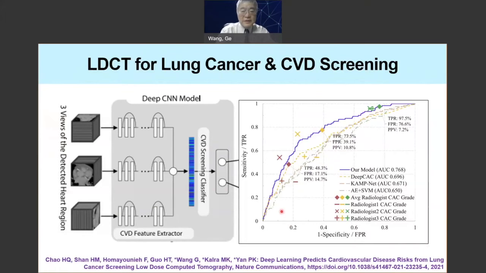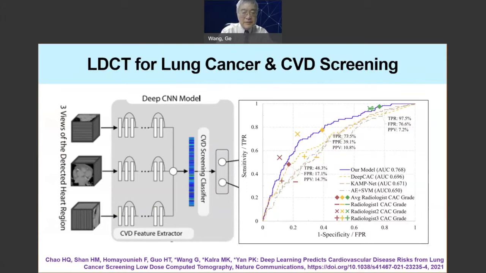Low-dose CT is mostly used for lung cancer screening. In another study we performed in collaboration with MGH, we analyzed low-dose CT images to assess cardiovascular disease risk. And we got pretty good results.